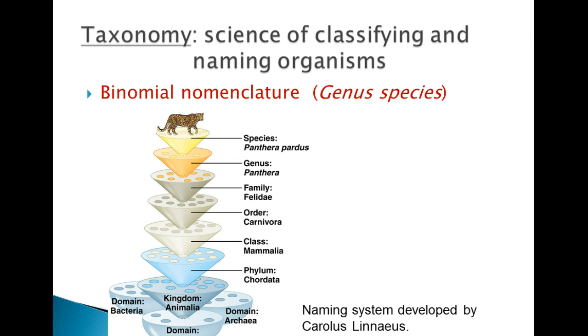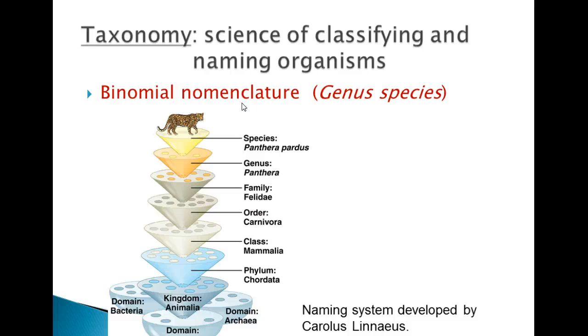Linnaeus used a two-name naming system called binomial nomenclature that you see right here. For example, in this slide, the panther has the scientific name Panthera pardus. Panthera is the genus name, and pardus is the species name.